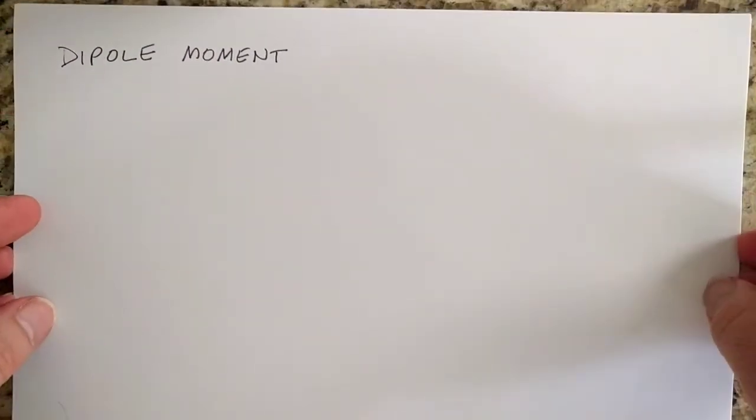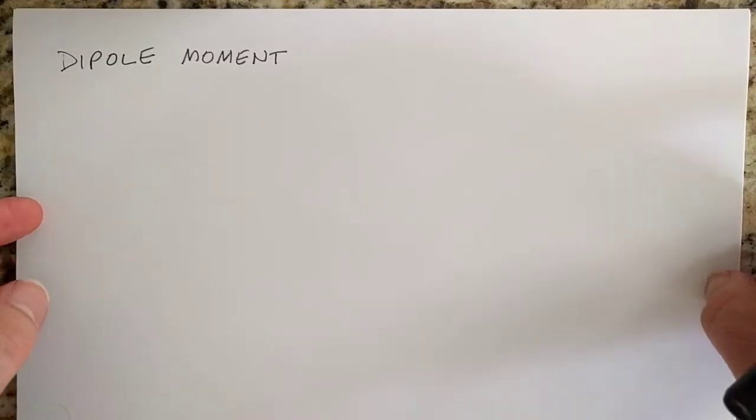So first we're going to start out with a definition of a dipole moment. So we talked about a dipole, which means we have a positive end and a negative end, a separation of equal and opposite charges.